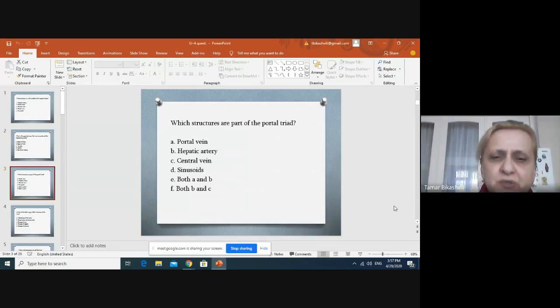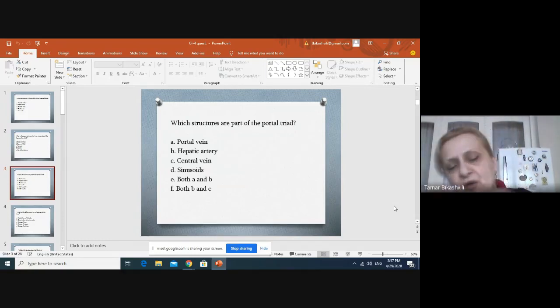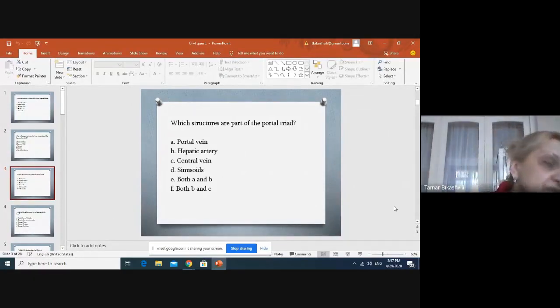So the portal vein and hepatic artery are the parts of the portal triad. And also here are the bile ducts and sometimes lymphatics.